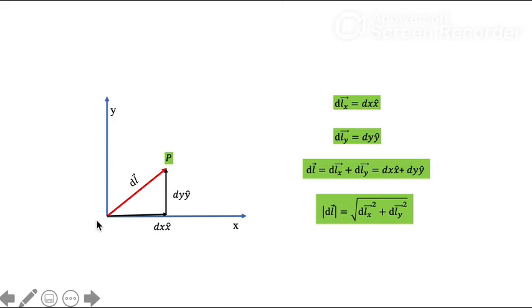So this is called the line element along the x-axis, and this is called the line element along the y-axis. The line element along x is given by the distance that I have moved along the x-axis, dx x hat. Similarly, I have a line element along y, which is the distance I have moved along the y-axis, so this is dy y hat. If I now consider a general direction of movement, I can write this as dl.